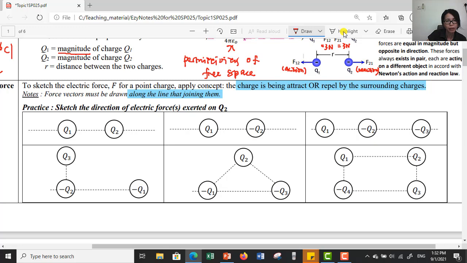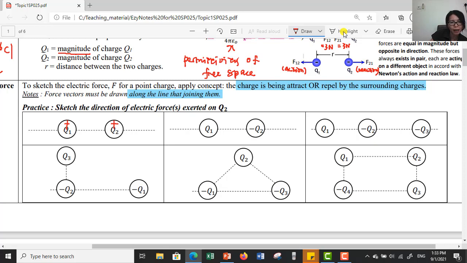So for example, I want to sketch the direction of electric force exerted on Q2. Electric force apa yang bertindak ke atas Q2? So kita tengok surrounding charge dia akan kenakan forces ke atas Q2. So Q2 is positive. So surrounding Q2 ada Q1. So Q1 juga adalah positif. So in between Q1 and Q2, dia akan saling repel.